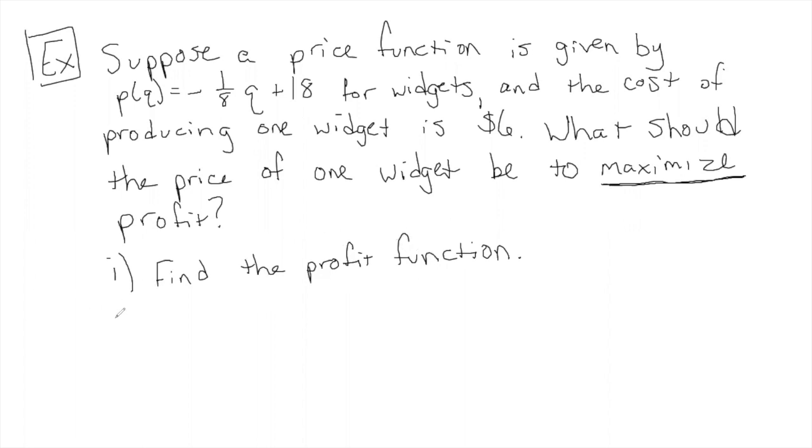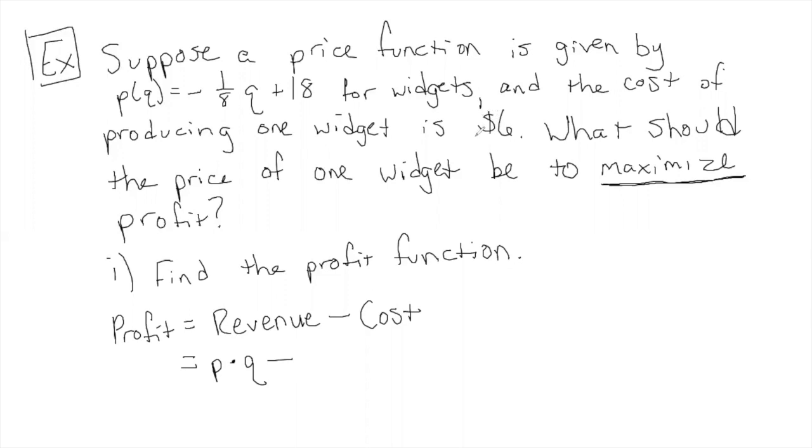So let's remind ourselves what a profit function is. Profit is equal to revenue, the things I bring in, minus cost. Well, revenue is its own function, right? This is price times quantity. And cost, well, it depends. Sometimes I'm given a cost function, and in this case, I'm given what the cost of one widget is.